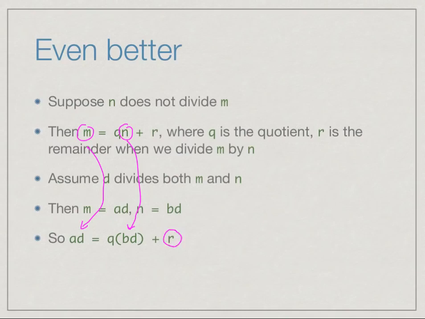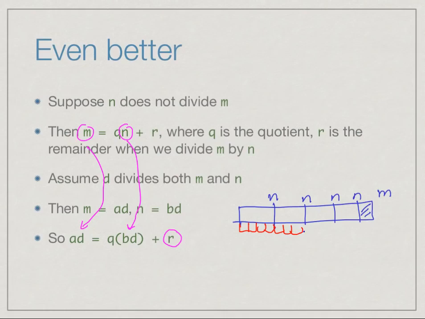The way to think about it, if you want pictorially, is that I have this number m, and I can break it up into units of n, and then there is a small bit here. On the other hand, if I look at d, it evenly divides everything.